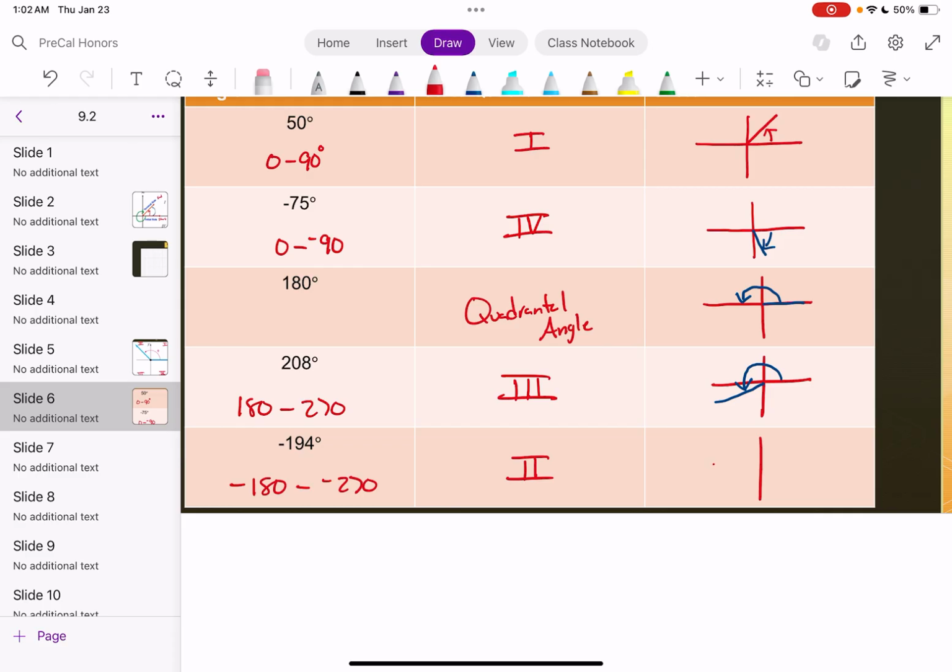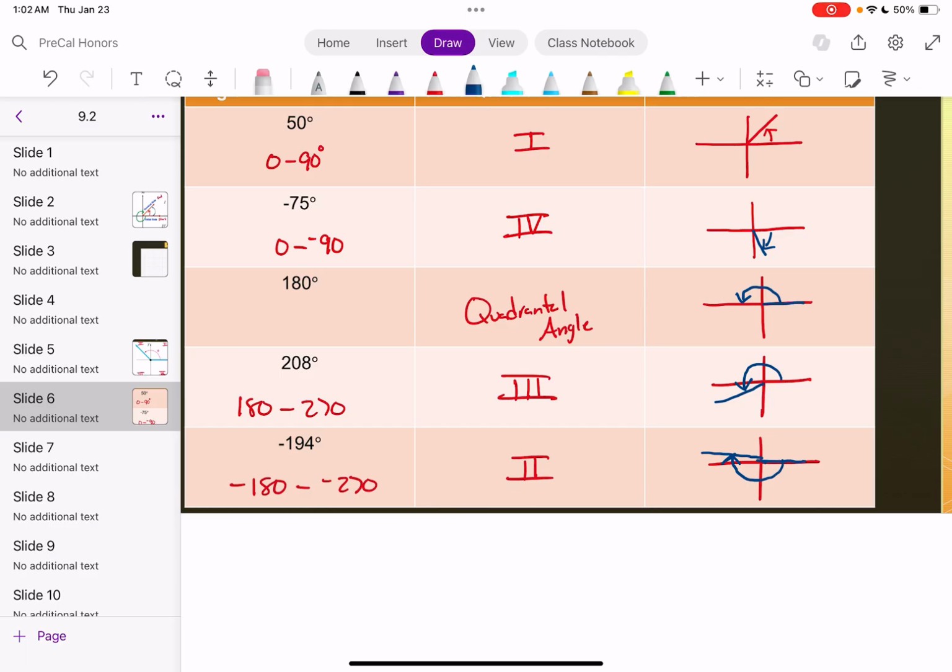Keep in mind our axis on the x, we would start our initial at 0. We pass the negative 90, we pass the negative 180, and we come up to 194. You always want to do your best to try to represent that measure in the best and most accurate way possible.